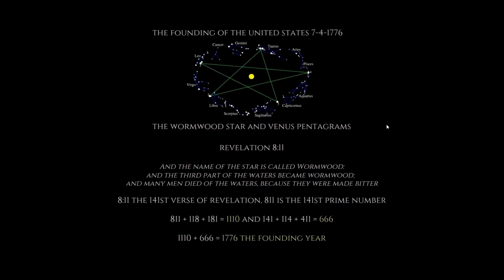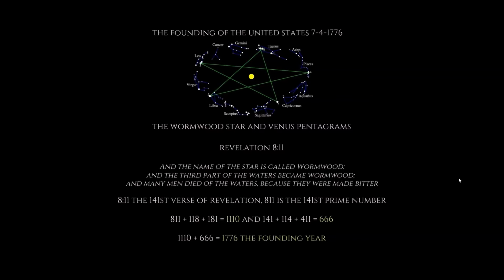Okay, we're going to look at the Revelation 8:11 wormwood star in the context of the founding of the United States, and then also in the context of this pentagram of Venus. Revelation 8:11 is about the falling wormwood star, and what I've found in my research is that this falling wormwood star doesn't necessarily pertain to one particular star all the time. Rituals could be to the wood star, Jupiter, or the morning star, Venus, or the dog star, Sirius.